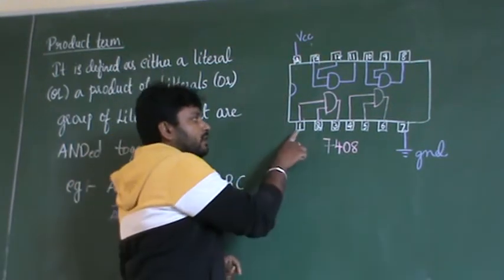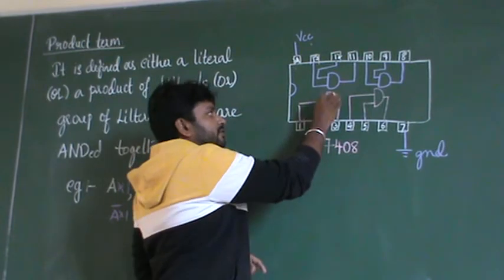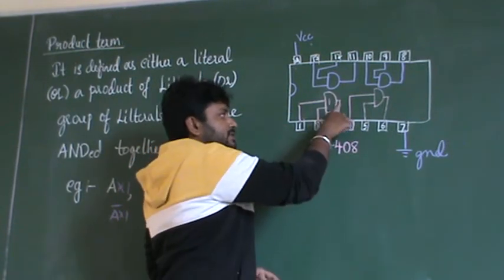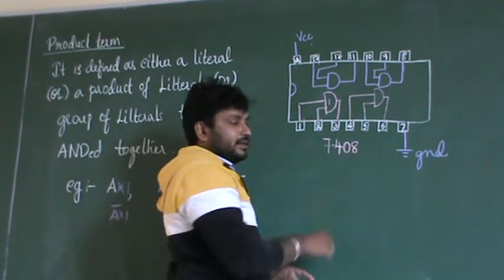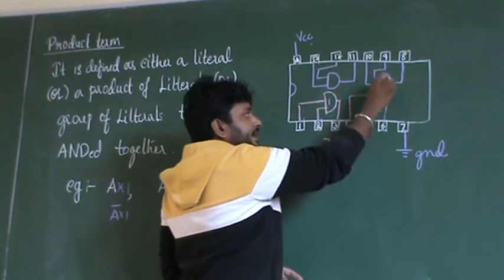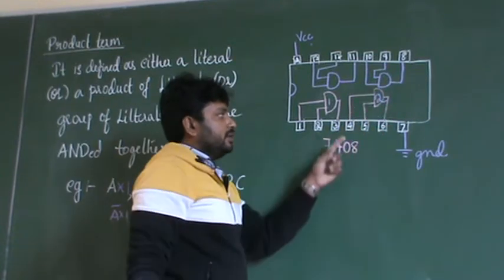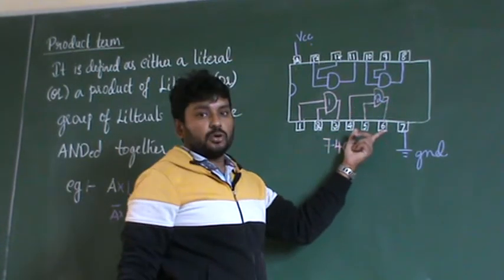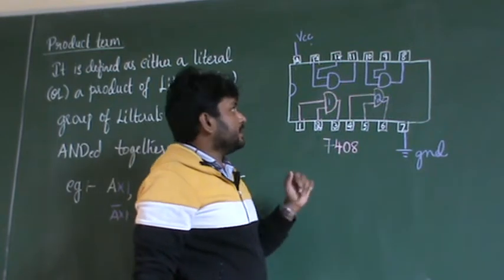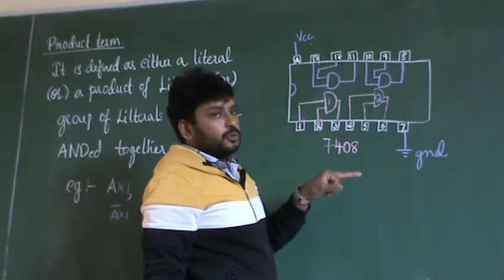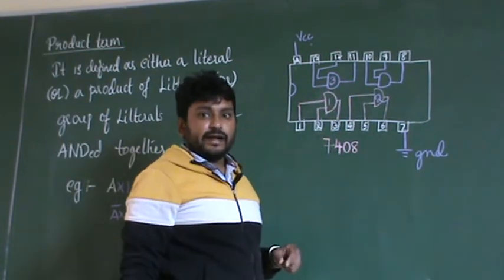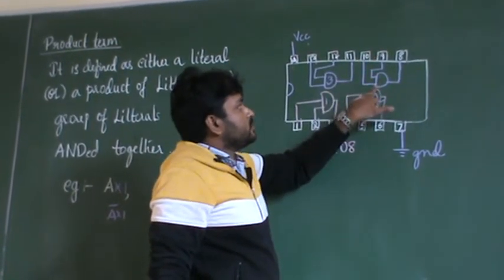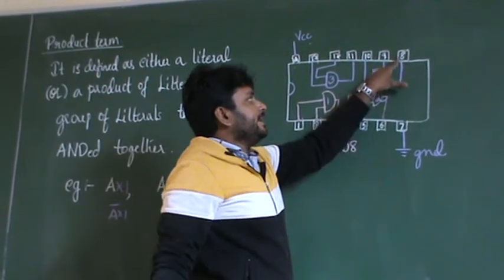Now 1 and 2 are the inputs of the first AND gate, and 3 is the output of the first AND gate. 4 and 5 are the inputs and 6 is the output of the second AND gate. Similarly, 13 and 12 are the inputs of the third AND gate, and 11 is the output. 10 and 9 are the inputs of the fourth AND gate, and 8 is the output.